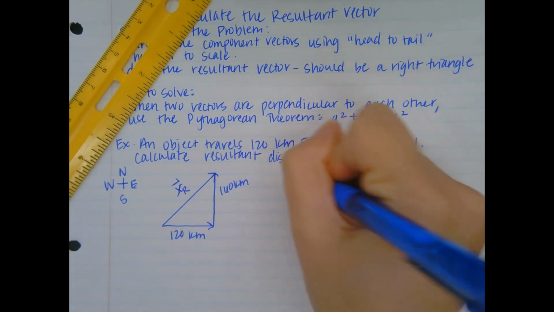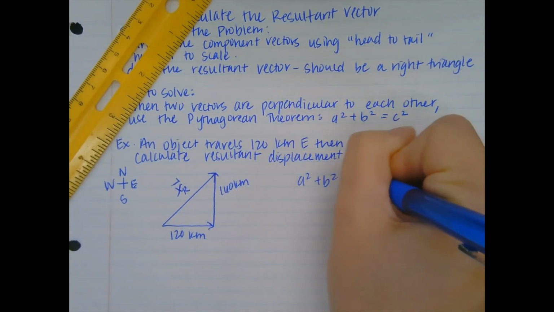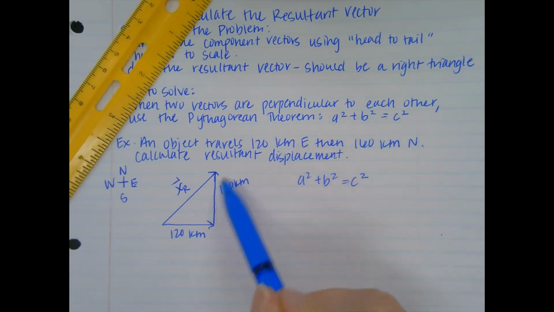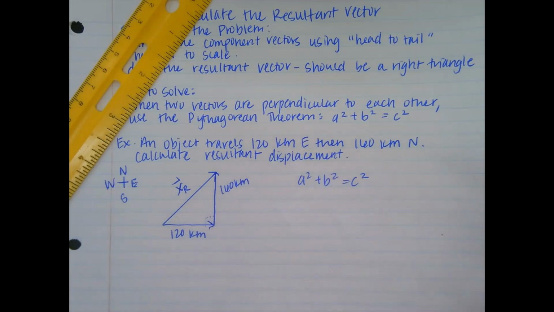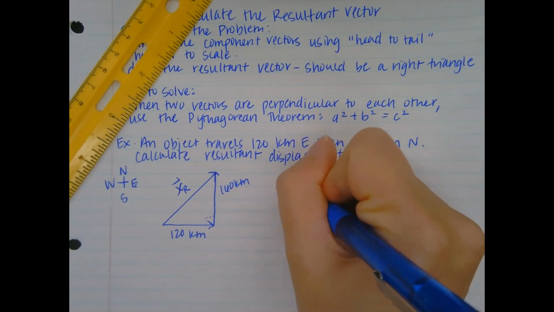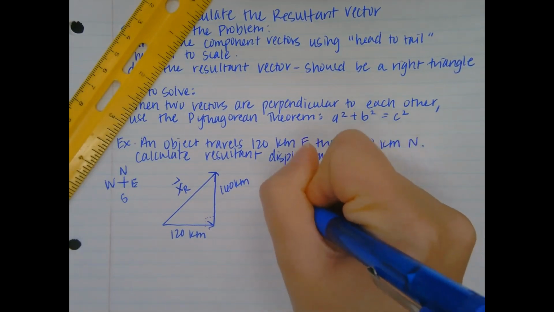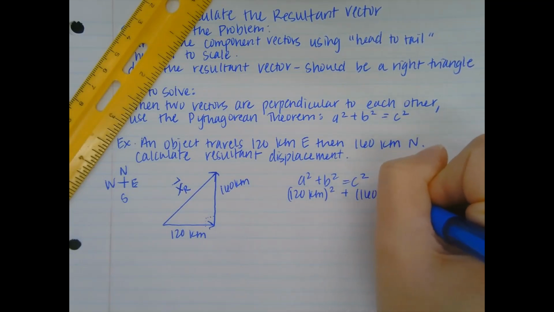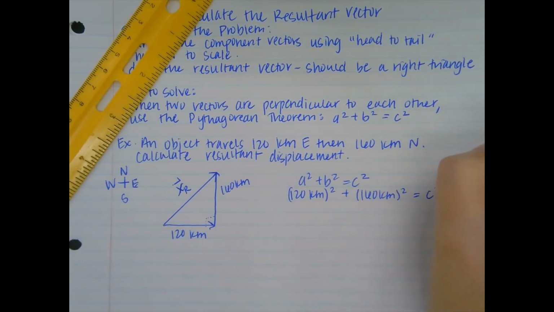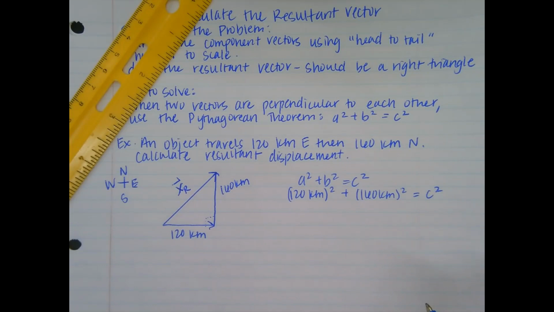Okay, so I'm going to solve that. So a squared plus b squared equals c squared. So here we know that the sides of our right triangle essentially, is how we can think about it, are a and b. So 120 kilometers squared plus 160 kilometers squared equals c squared, or our resultant squared.